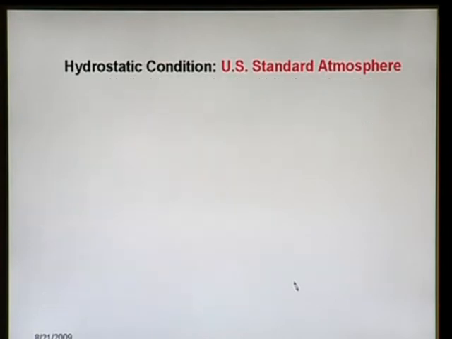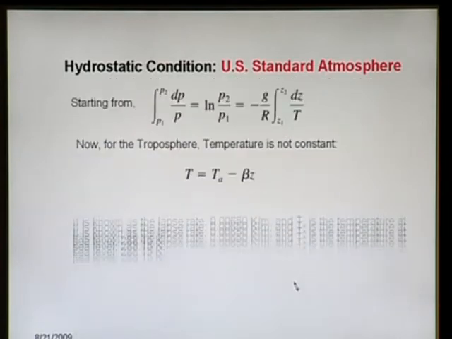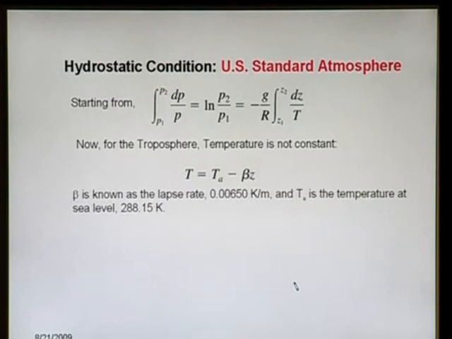This temperature should reduce at the rate of 0.00650 degree Kelvin per meter, right. So, if temperature is reducing at this temperature lapse rate, then our weather is stable.